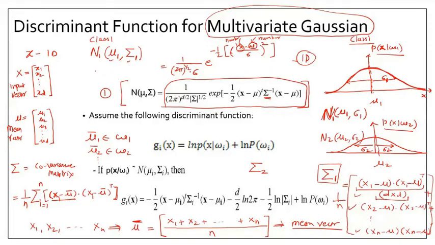I need not store them in the computer. I just store these two things, and the knowledge about class 1 is known to me. Then I can go for class 2. I do the same procedure, and then I just remember mu2 and sigma 2.